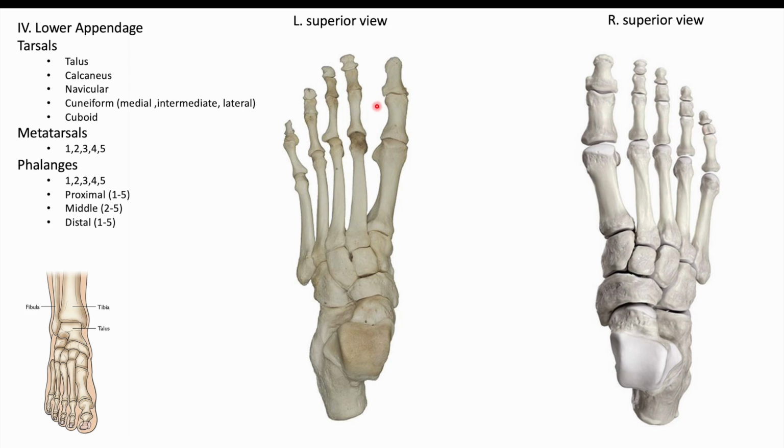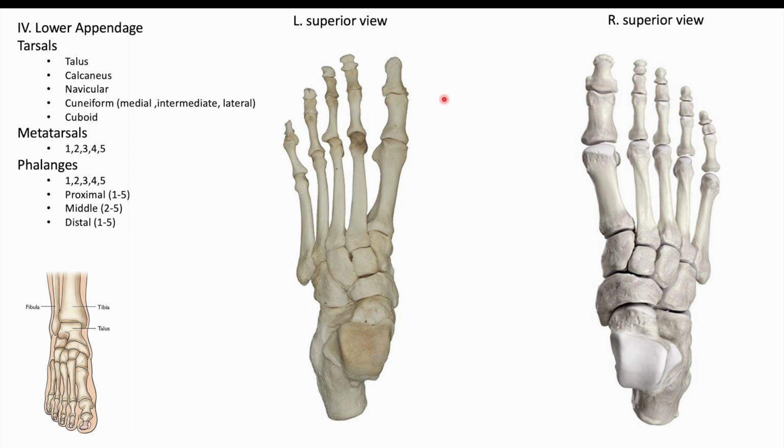Now with the middle, remember, because the big toe is a little bit shorter, we're not going to have the middle phalanx 1 for the toe. It starts off as number 2. So right here, this is the middle: middle phalanges 2, 3, 4, and 5. And here, middle phalanges 2, 3, 4, and 5, none for the big toes.